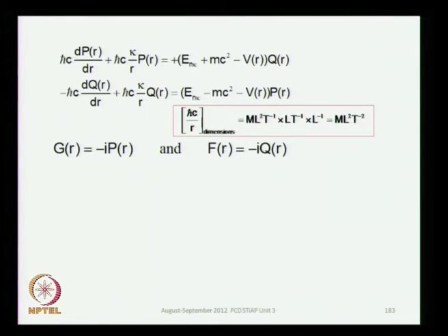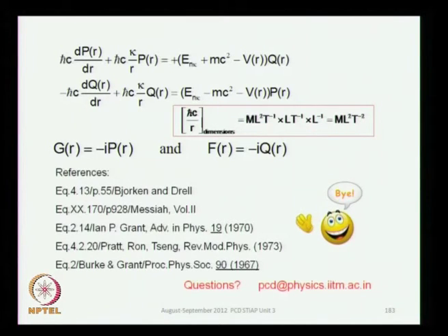So these are the coupled equations for P and Q, these are the radial equations, you can solve them, and depending on what source you are using, whether you may be reading Bjorken and Drell, or Messiah, who has a very good chapter on relativistic quantum mechanics in volume 2. The article which I strongly recommend is an article by Grant in Advances in Physics 1970, and you will find these relations in Grant's paper as well.